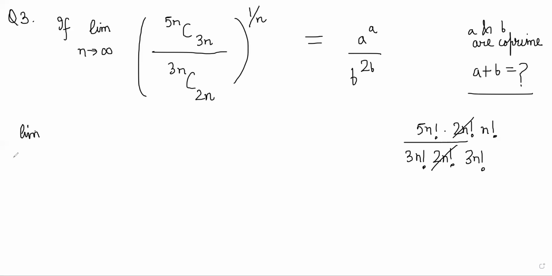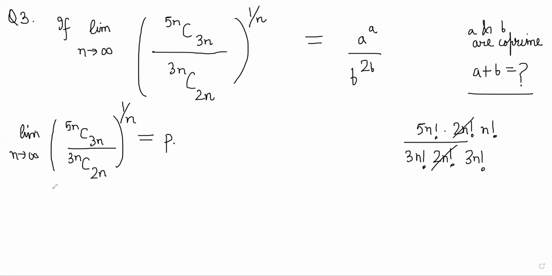Limit as n tends to infinity of this thing, 5n C 3n over 3n C 2n. Let's say it is p.